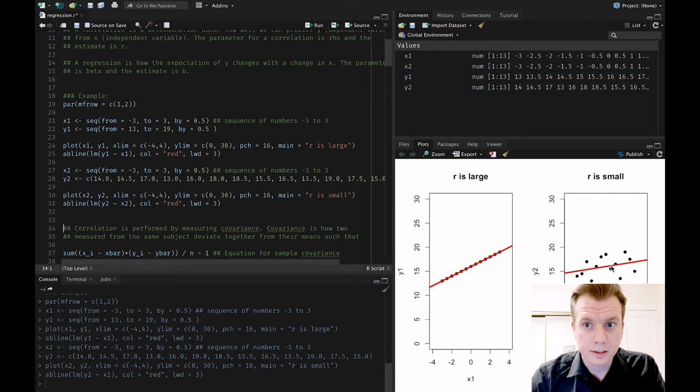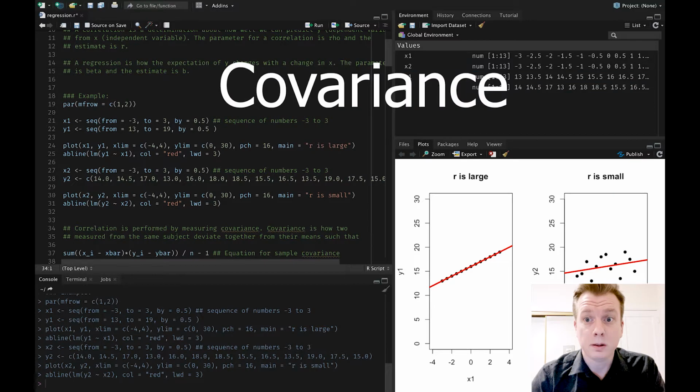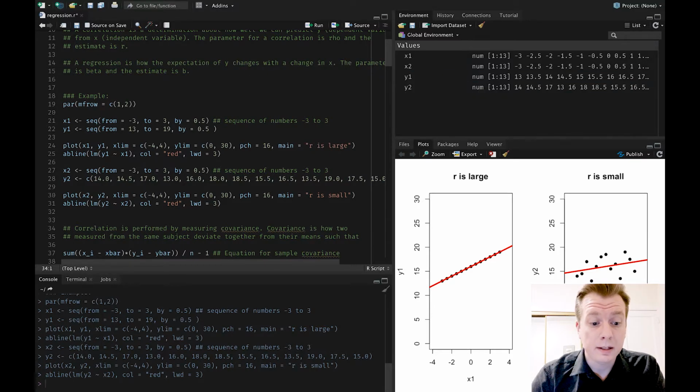The next question is, is there a significant correlation between any given set of data? And that's where correlation analysis comes in. Correlations work by measuring what's called covariance. Covariance is how two measurements from the same subject deviate together from their means.